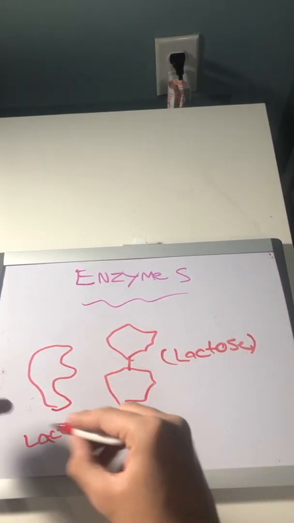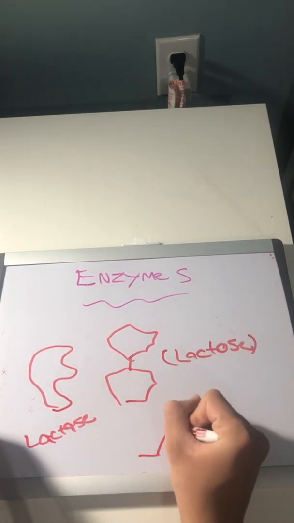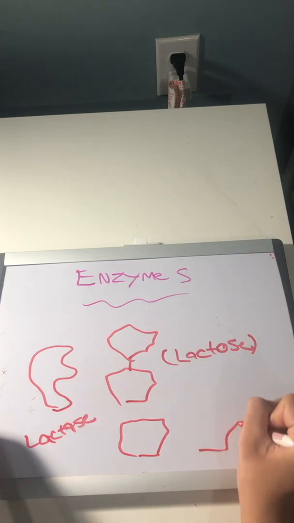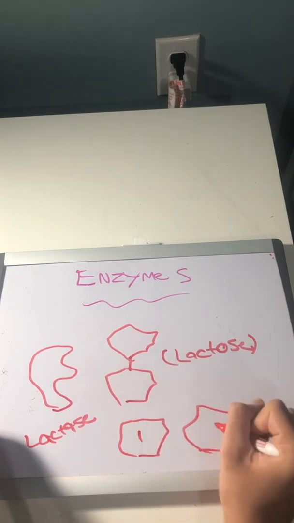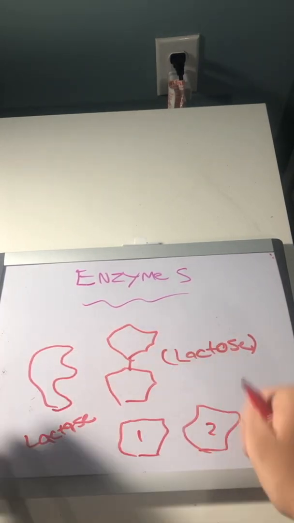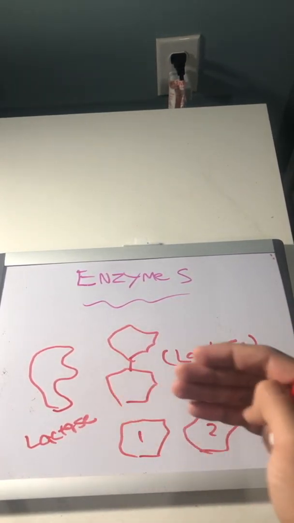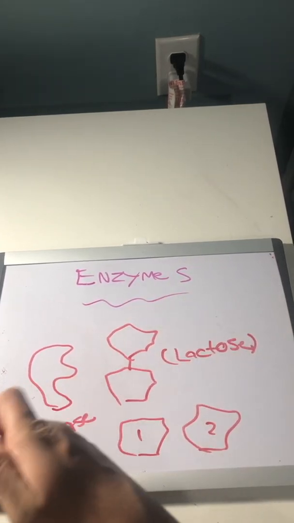Lactase breaks lactose down into two monosaccharides. The first one is galactose and the second one is glucose. These two are bonded with a glycosidic link, and that makes lactose.